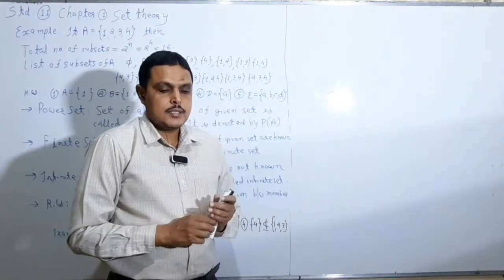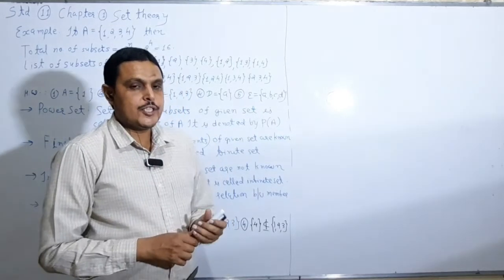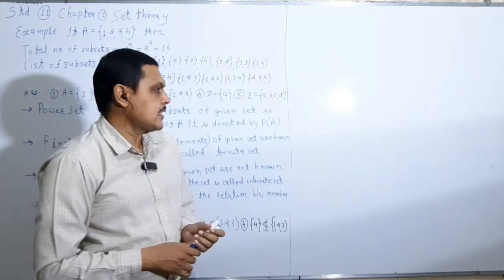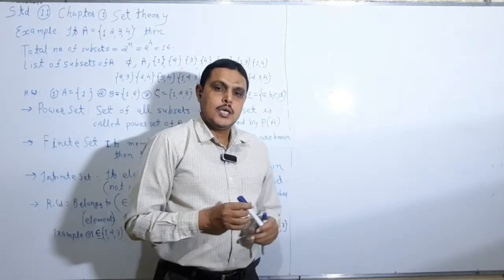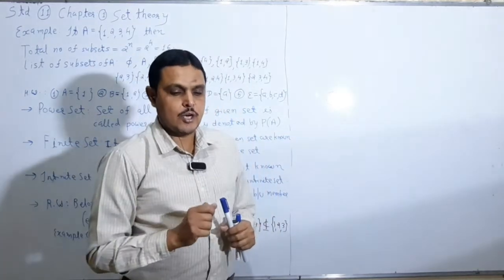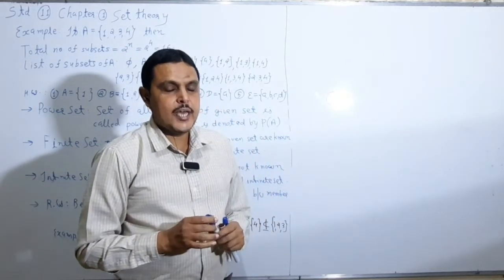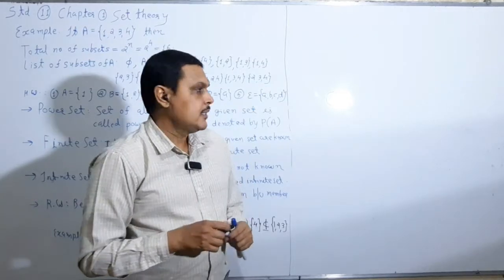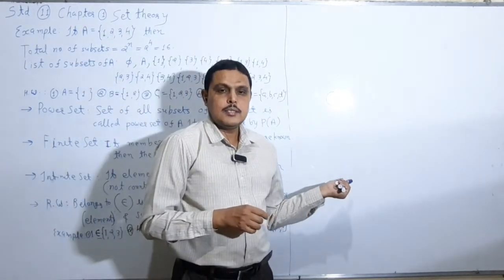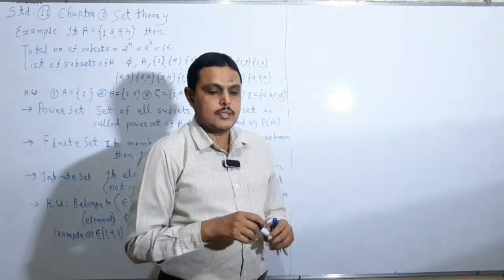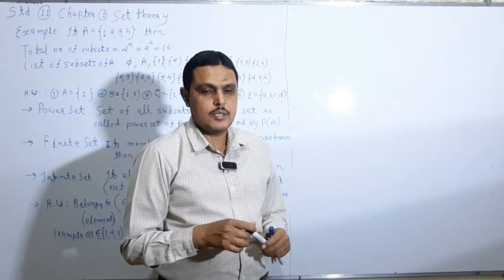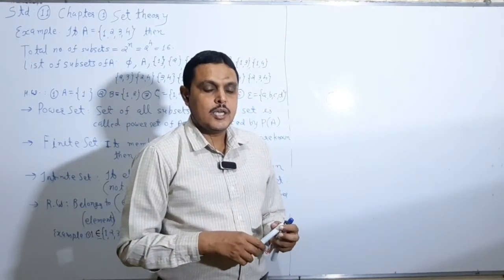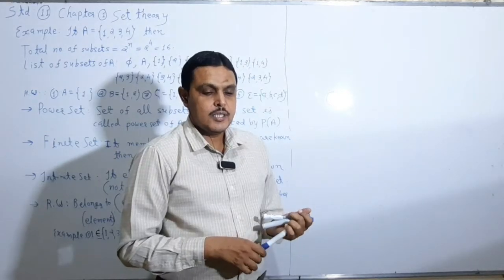Now we discuss the questions and sums given in exercise 1.1. In the first question of exercise 1.1, we have to decide whether the given explanation is a set or not a set.